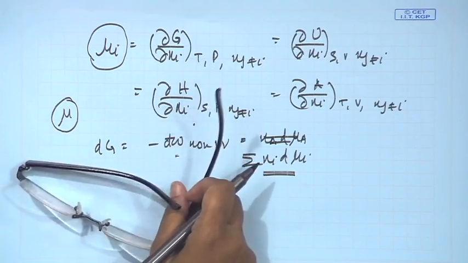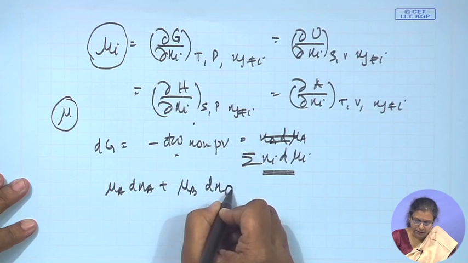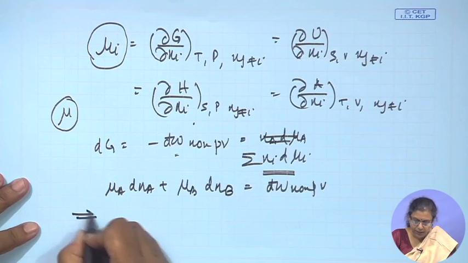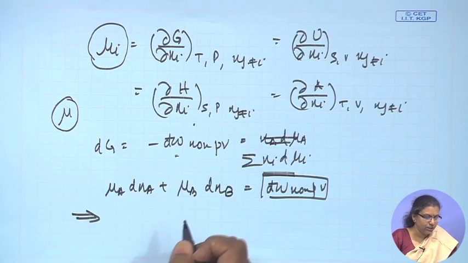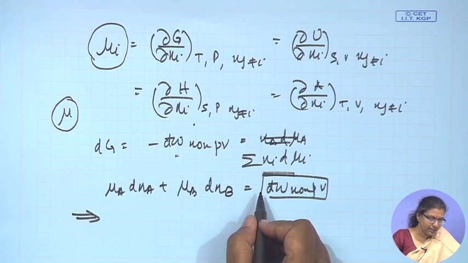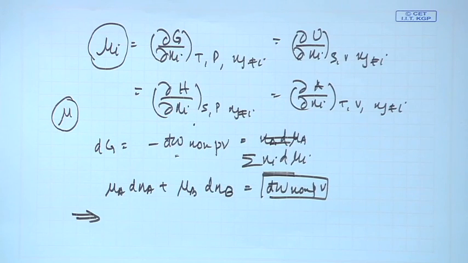We can just write it down that mu_A dn_A plus mu_B dn_B, just repeating what I have said, is equal to dW non-PV. So, from here it implies that additional non-PV work can be done just by changing the composition of the system, and this is what is practiced in an electrochemical cell, where a chemical reaction is arranged to take place at two distinct sites at the two electrodes, and the electrical work that the cell performs can be related to the changing of the chemical potential of the reactants, right.